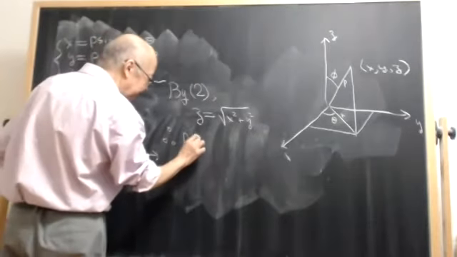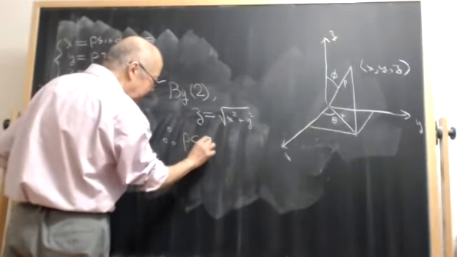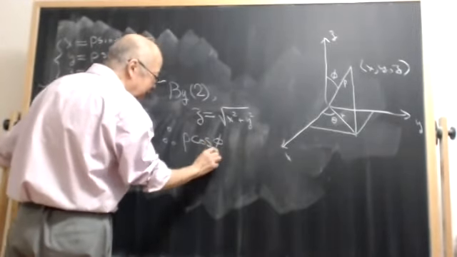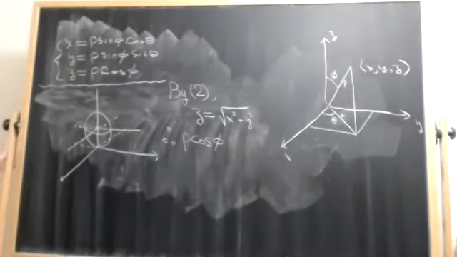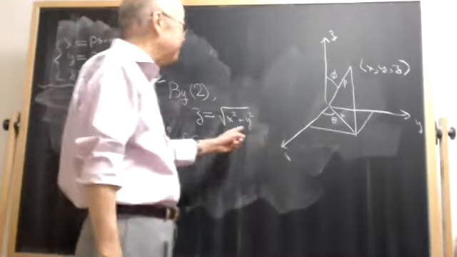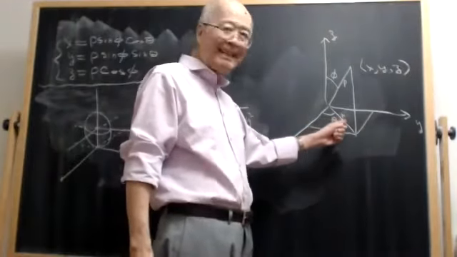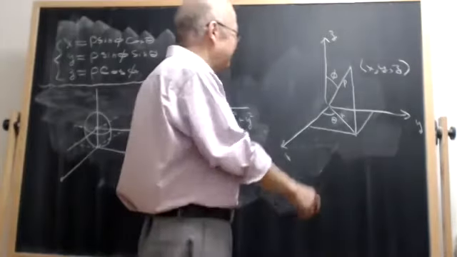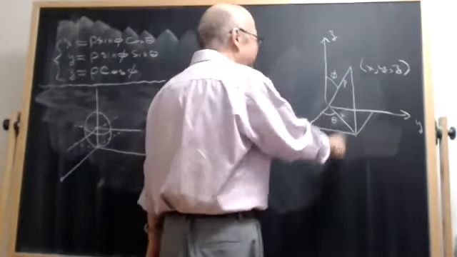Z is rho cosine phi. This is why I put down these equations. And then this is this redundant R.